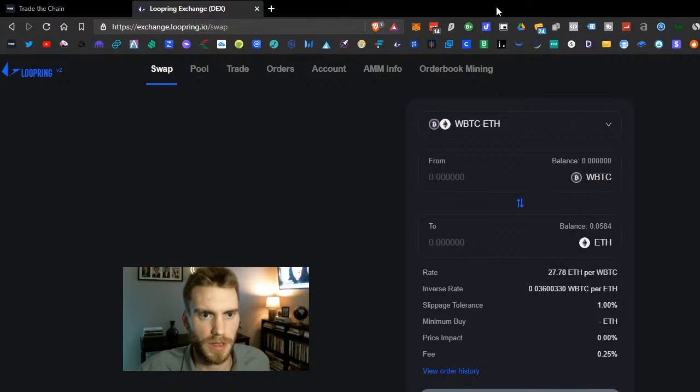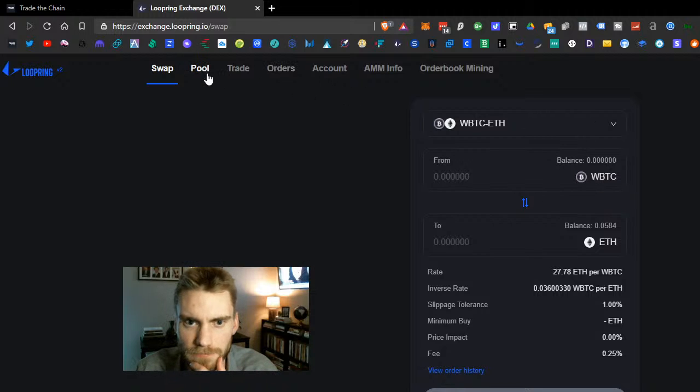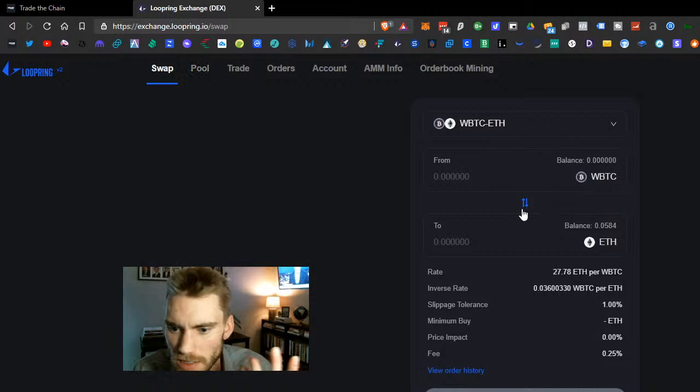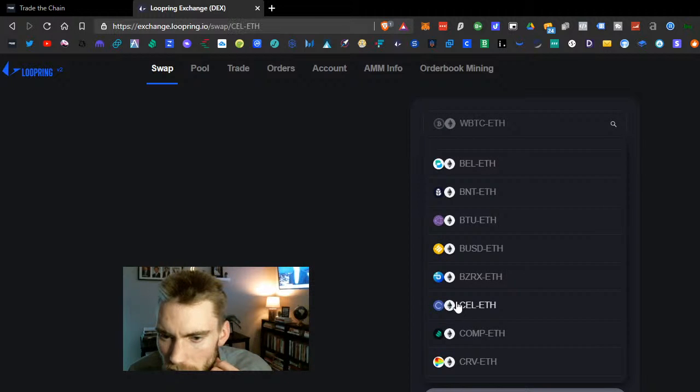But okay, so this is a layer 2 scaling solution, guys, and seriously, if you're annoyed by gas fees, which are annoying, just use this. It's a no-brainer. I think I put some Celsius on here.